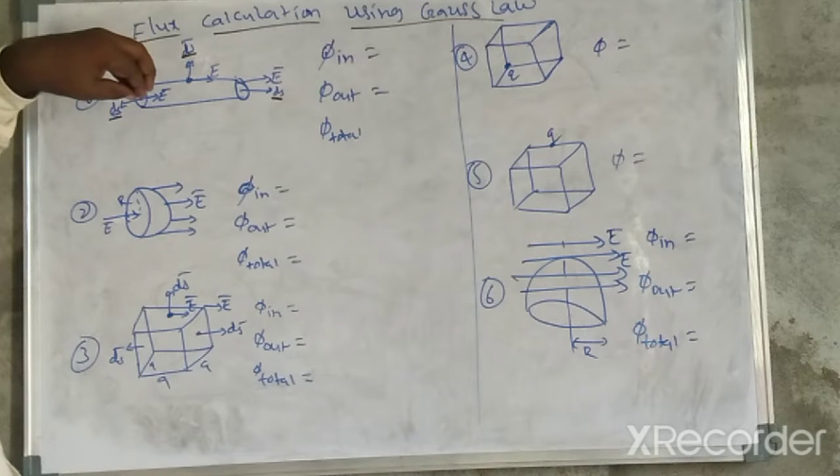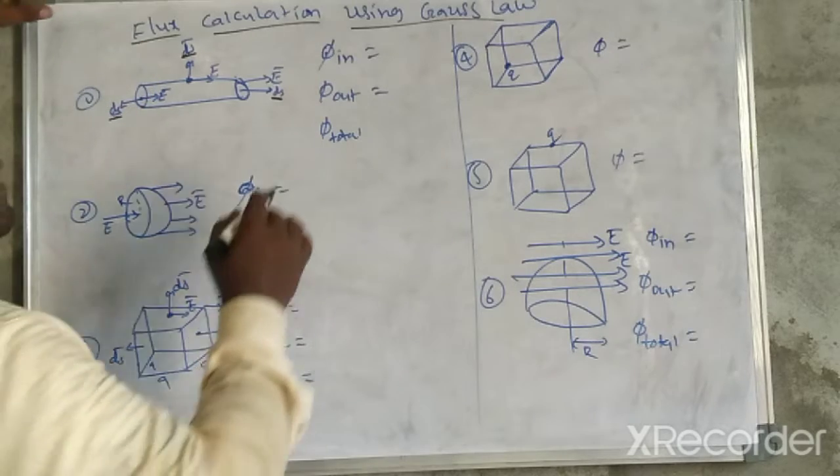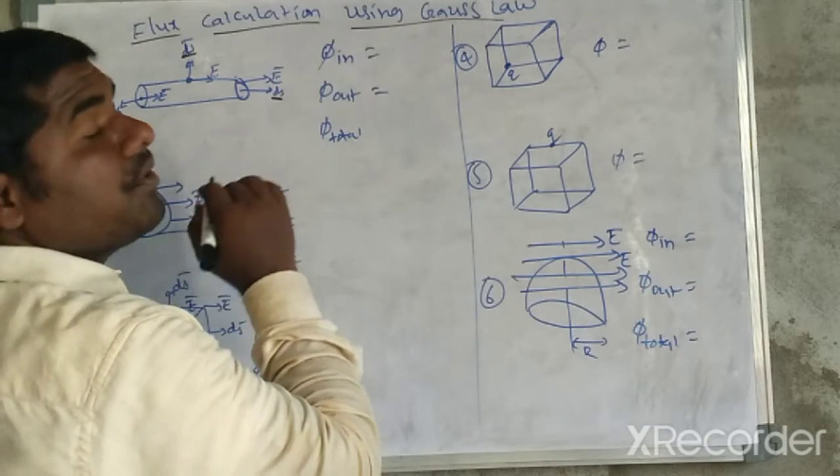The flux into the surface, as we already discussed, is minus electric field into area.